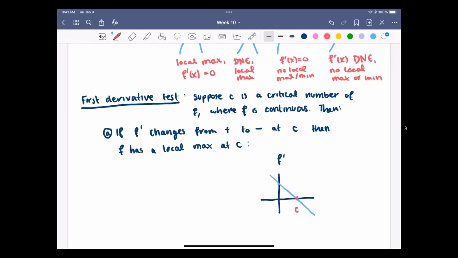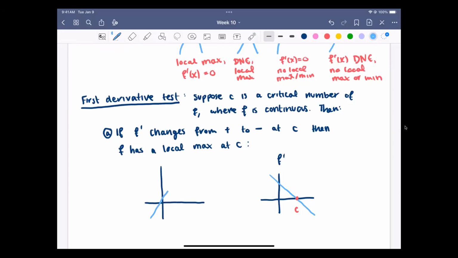But then what will f look like? For values over here, it has a pretty large but positive slope, so something like this.